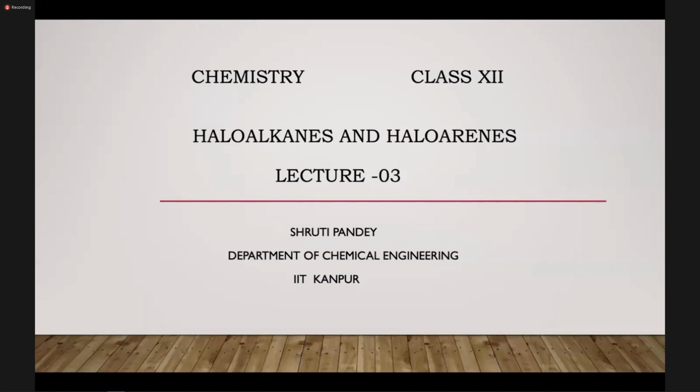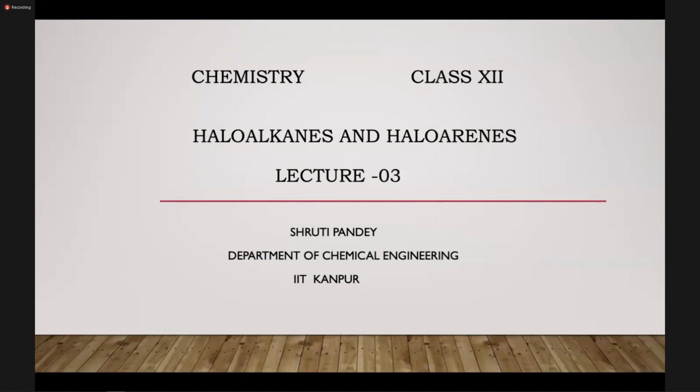So in the previous lecture, we discussed the nature of the carbon-halogen bond, related to the electronegativity property, that the carbon-halogen bond is always polarized because of the separation of charges. We also discussed the bond length of the carbon-halogen bond depending upon the type of halogen.